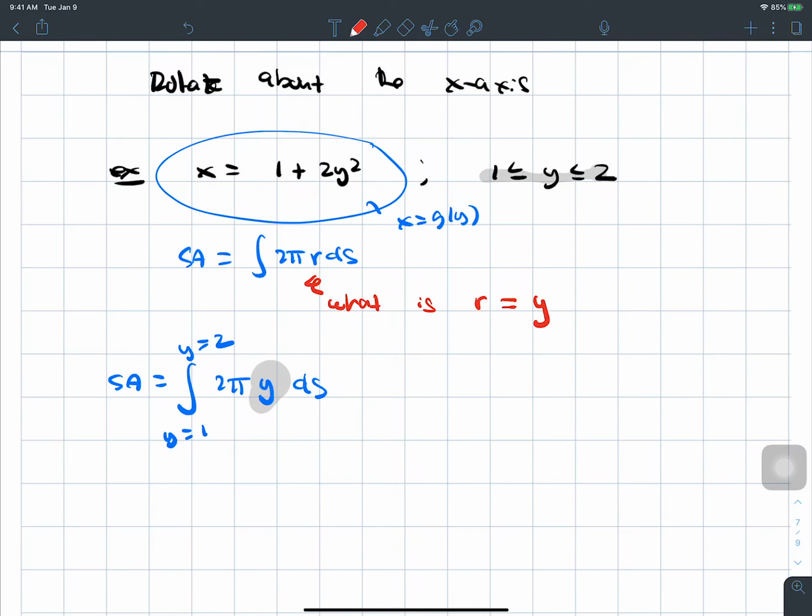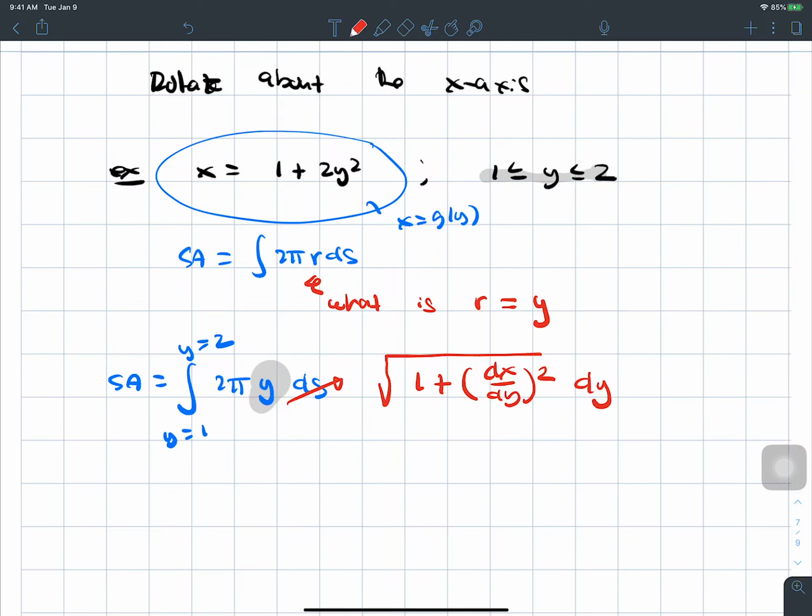So let's get our computer back. We need the ds that ends with dy. And you say, well, which one is that one? Well, square root of 1 plus, remember, if it ends in dy, it changes here. This is going to be dx/dy squared.